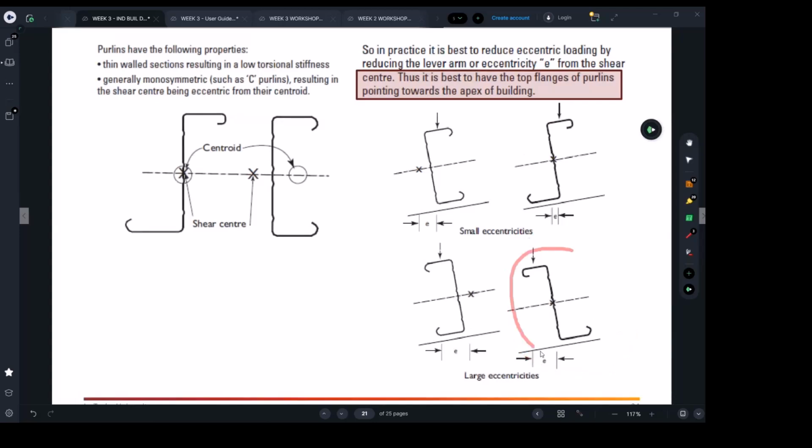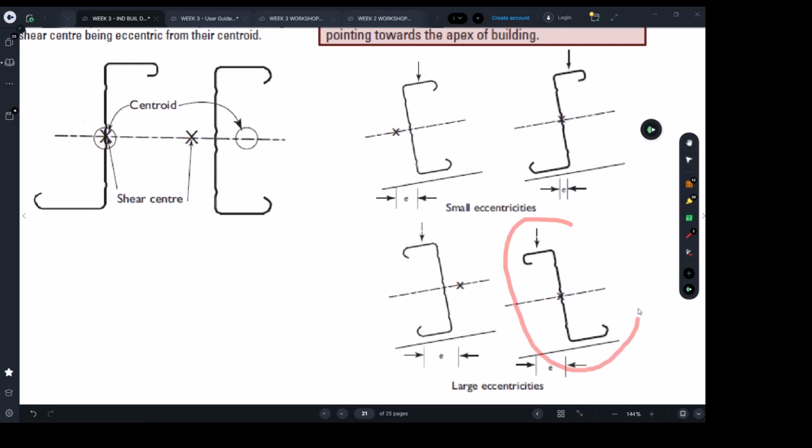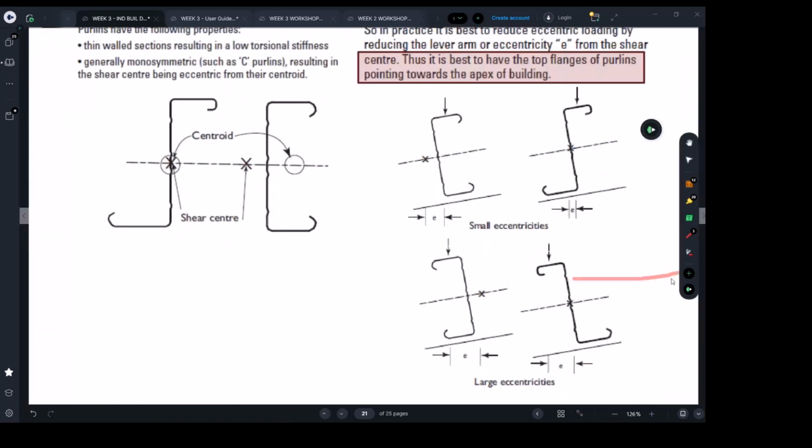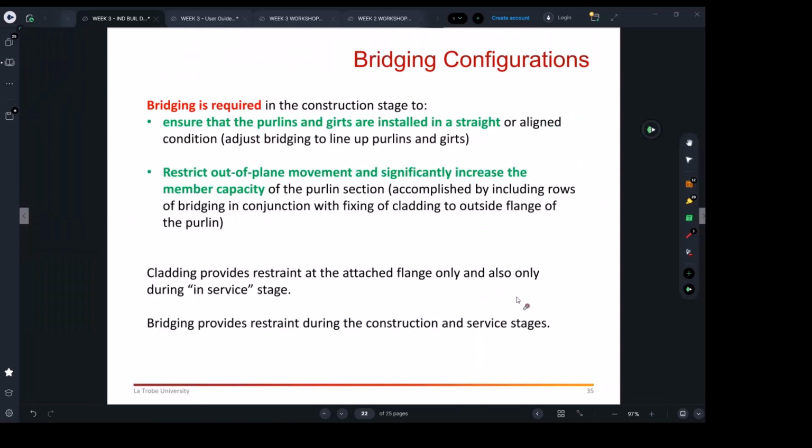If you've been deciding on placing your Z sections in this direction, you just need to double check, because it can happen sometimes that it is placed in the wrong direction. That means it's going to be weaker than expected. The solution for this, which does happen in many cases, is you may need to put more bridgings. Instead of 2, you may put 3. Instead of nothing, you may put 1. You're just going to add more bridging to let it work. You know, the bridging elements I was talking to you about.